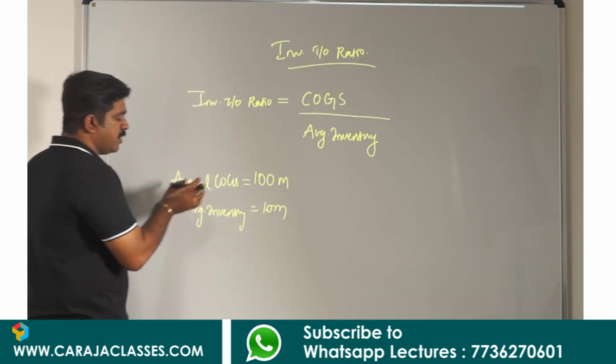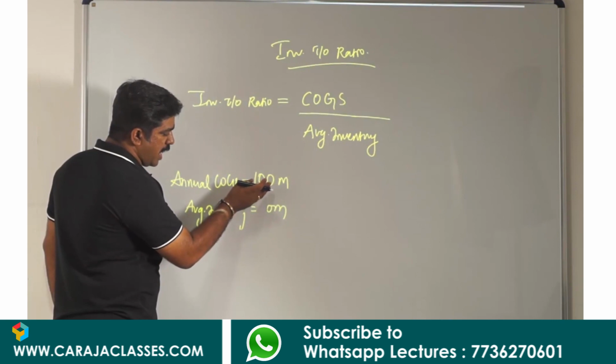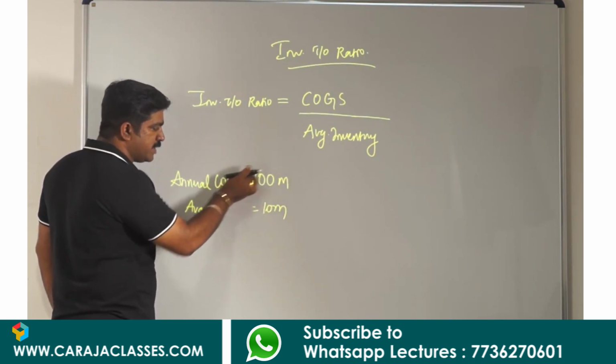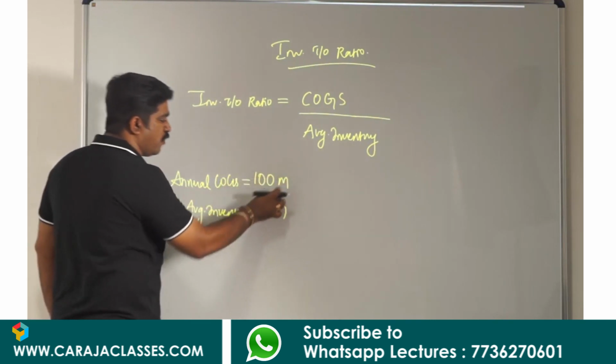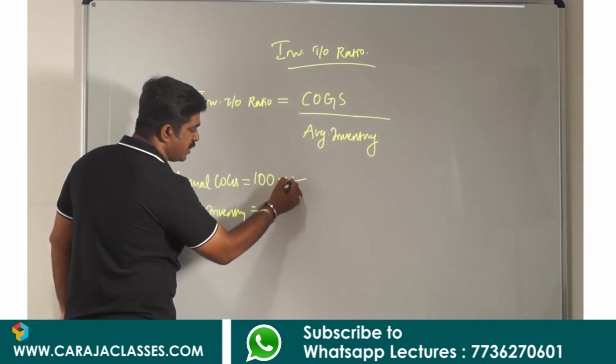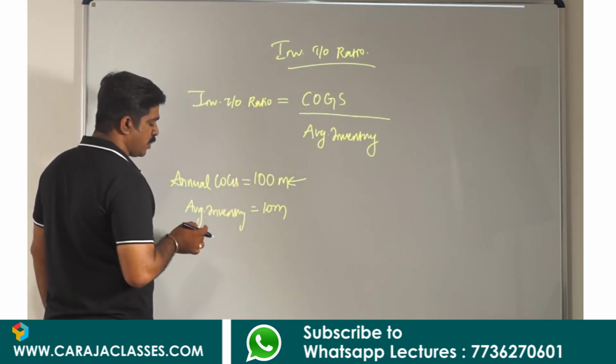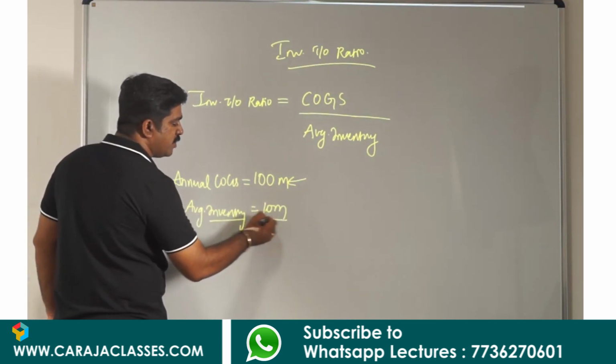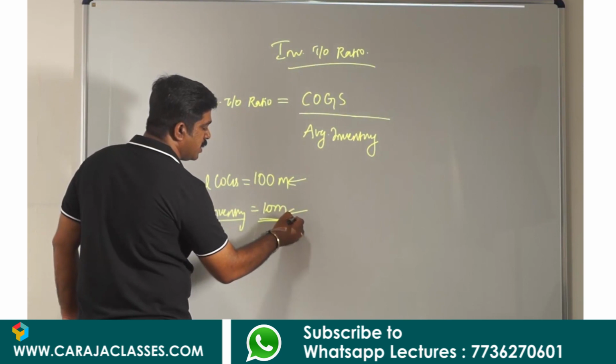So what you can infer is that for one full year, they have made some sales, and the cost they have incurred is 100 million, and in their inventory, they have stock worth 10 million.